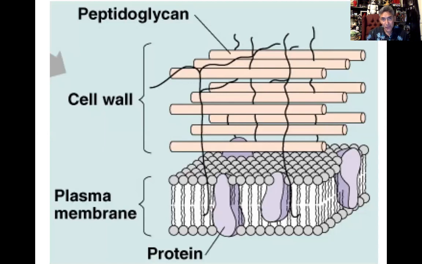So this picture should mean something to you, right? We're looking at the cytoplasm of the cell, and the cytoplasm would be here. This would represent our phospholipid bilayer, right? The hydrophilic, hydrophobic, hydrophobic, hydrophilic, phosphate heads, fatty acid tails, integral membrane proteins.